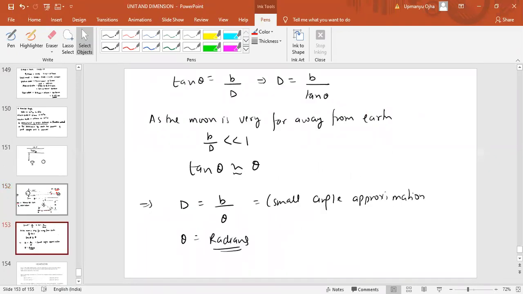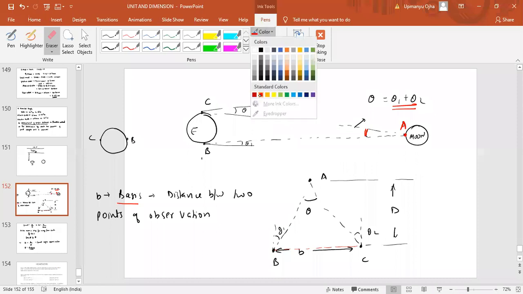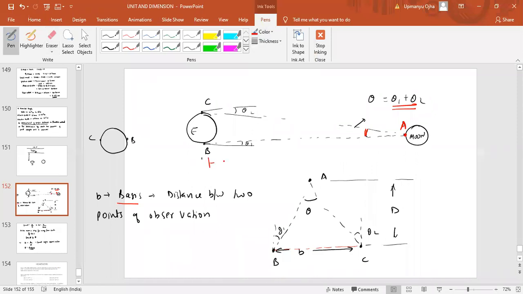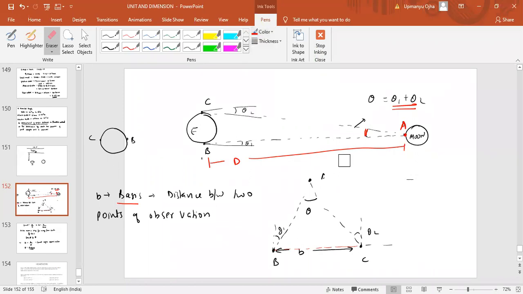See, you can also write it like this. Can you say this is D length? If this is D length, we can say like this also: can you say that AC length is also D?